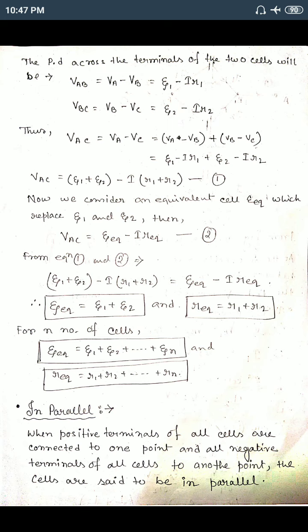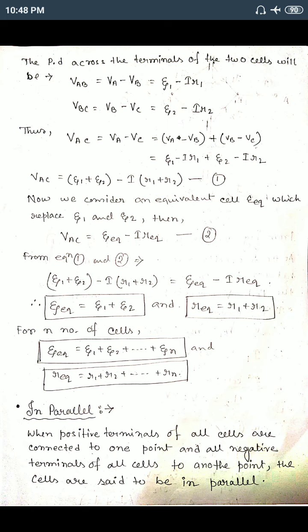It is connected in series. Cells are connected in series, so internal resistances are also connected in series, and in series we get R equivalent equals R1 plus R2 plus R3, like this way. If there are n number of cells, then up to Rn. So here R equivalent equals R1 plus R2 and E equivalent equals E1 plus E2.